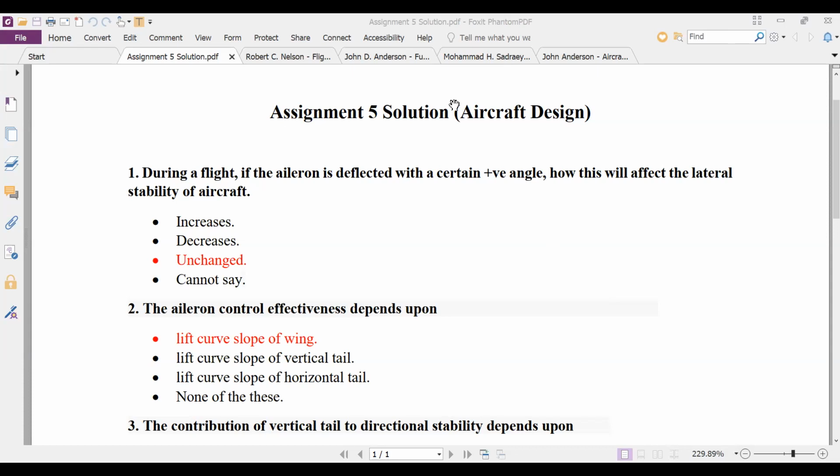I would love to know how we determine the roll stability or lateral stability, before we understand whether it can be changed by aileron deflection. So what are the factors that contribute to roll stability? You guys can answer one by one.